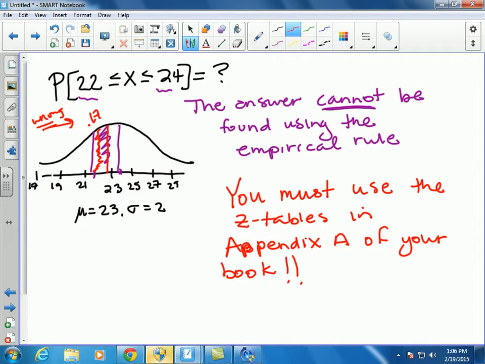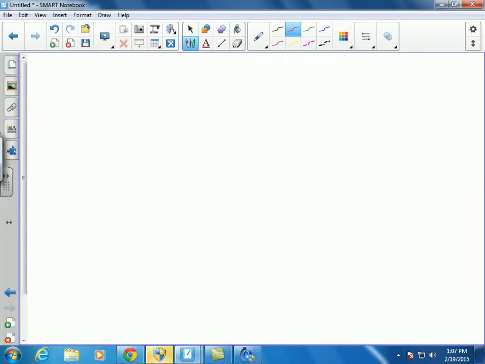You have to use the tables in Appendix A of your book, but we have to do one thing before we can do that. Do you like red? I'm not liking red right now. Let's take red out and go to black. Okay.